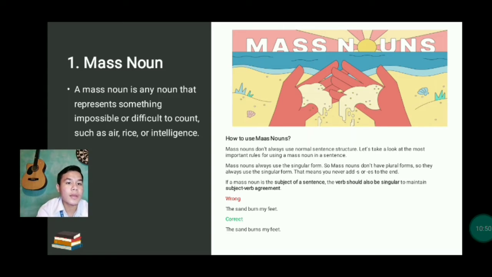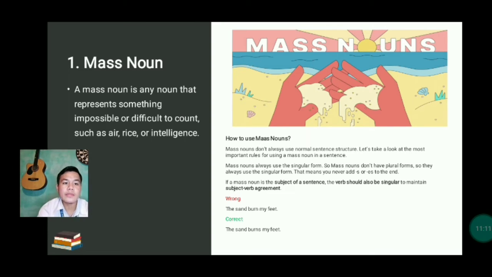Let's take a look at the most important rules for using a mass noun in a sentence. So mass nouns always use a singular form. Mass nouns don't have plural forms, right? So they always use the singular form. That means you never add s or es to the end.